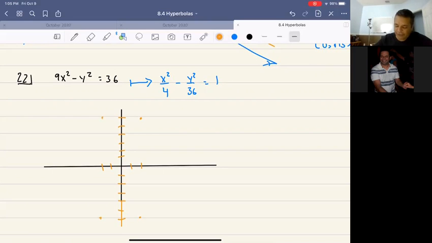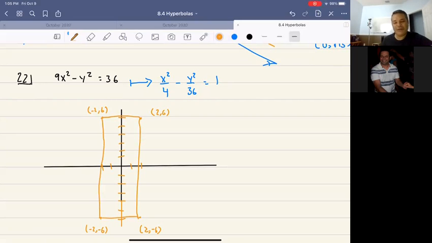These points are, of course, this point here is 2, 6, then -2, 6, -2, -6, and 2, -6. Okay, there's my fundamental rectangle. I'm going to try it with the shape operator. It's going to look terrible, but okay.